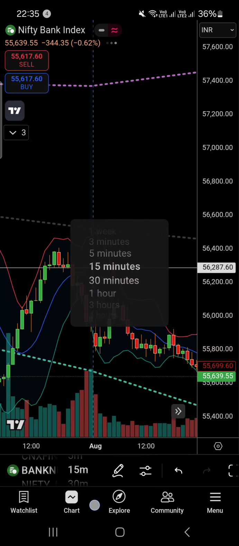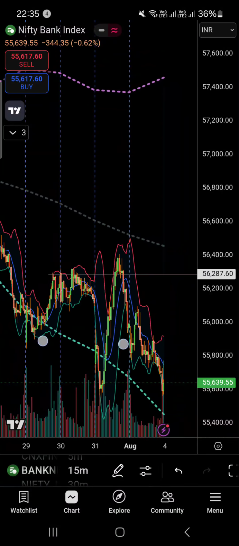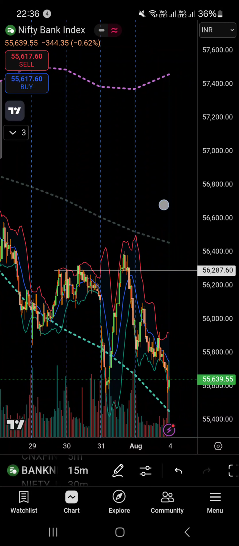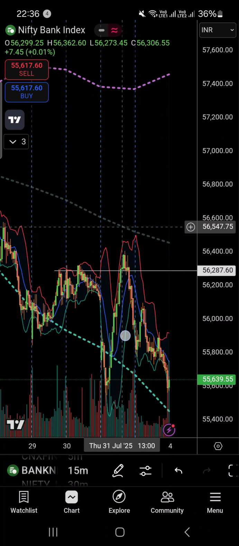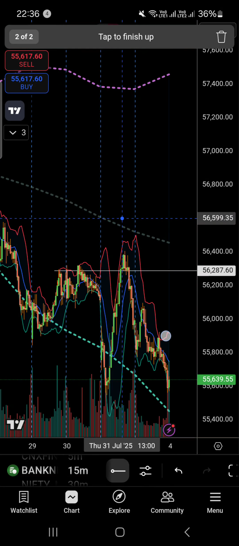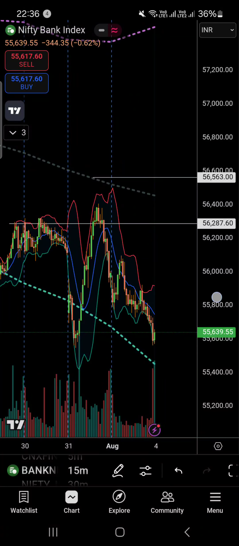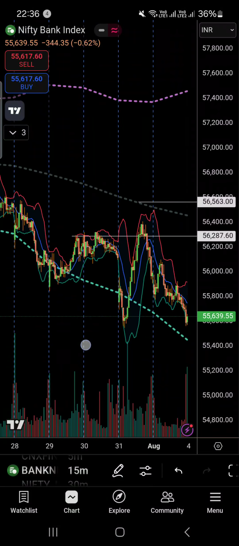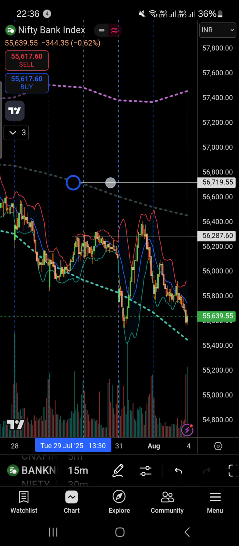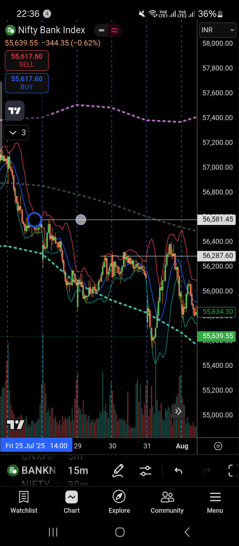Go to the lower time frame, let's say 15 minutes, and see where you can put the stop loss. As per 15 minutes you identified this zone, right? This is not very far away. You put this stop loss, and the same 1:2 rule you can apply. This is the candle where it got that, right? So the stop loss will be here, or you can even put this previous high as the stop loss.